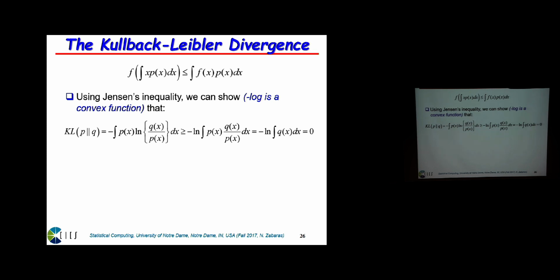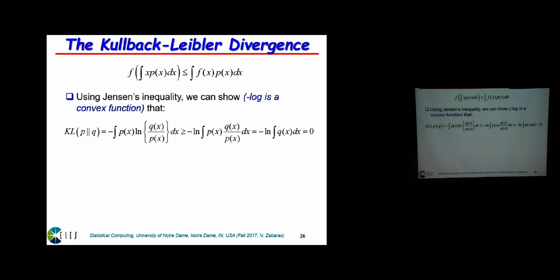So the definition of KL is minus the integral of p log of q over p dx, all right? Remember, minus log is convex. So isn't this the average with respect to p of the function, which here is log of q over p?